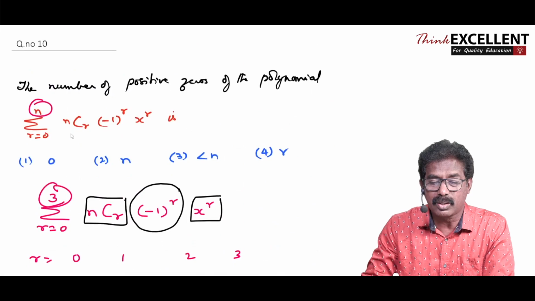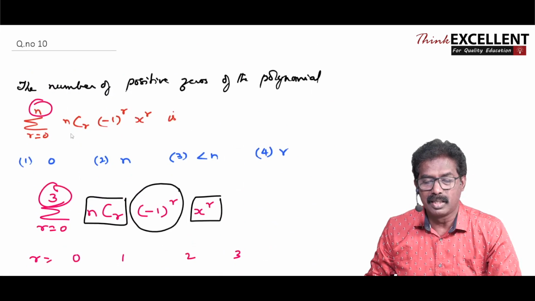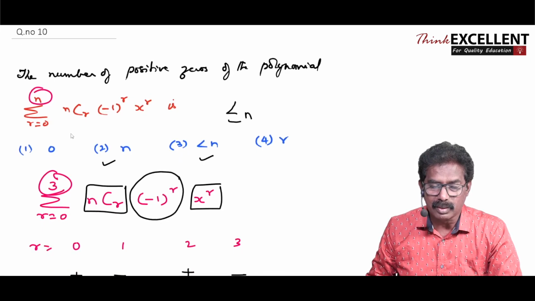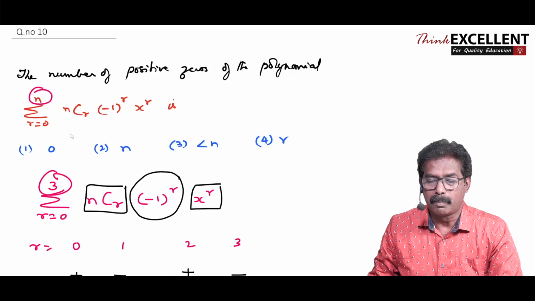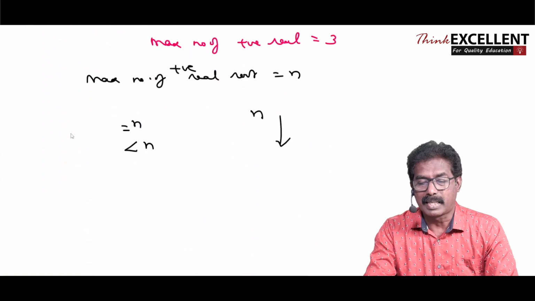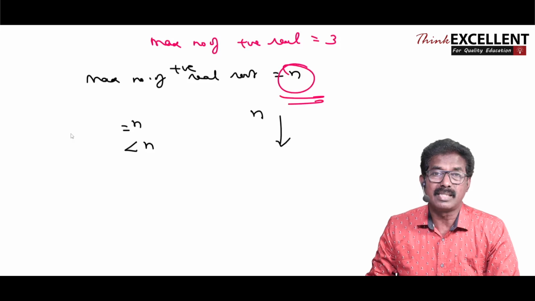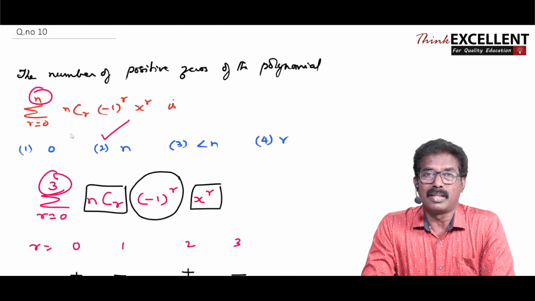So less than or equal to n is the correct description, but there is no such option, right? Less than or equal to n is not given. As per the book, they have given n as the answer, but you are supposed to reason less than or equal to n. Since the maximum number of positive real roots is n, you take the answer as n. Okay? So I hope you understood all these things. We'll continue in the next session.